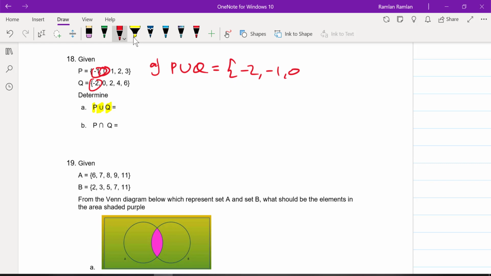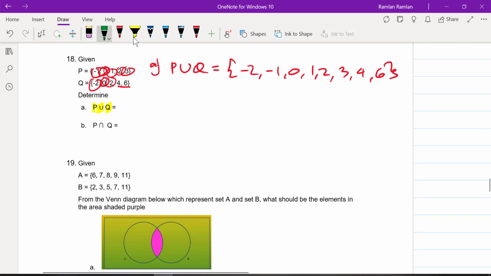I have 0 over here and also 0 over here, but we don't need to write them twice, just once. Then 1, and then 2, which is this one and this one, again not written twice. And then 3, and these two are the two elements that are left. So it's just writing down this.